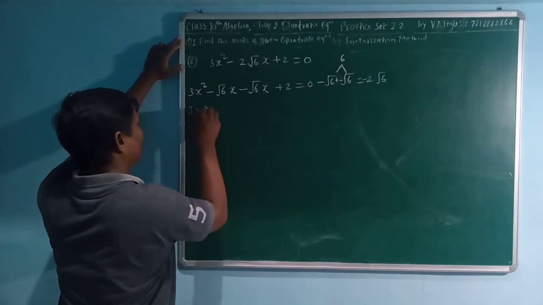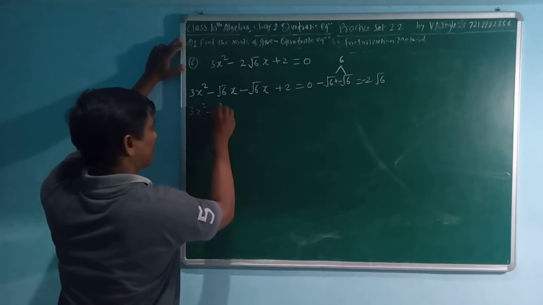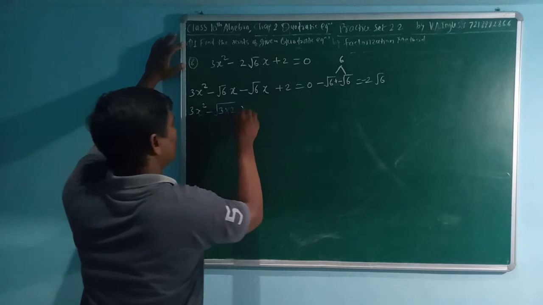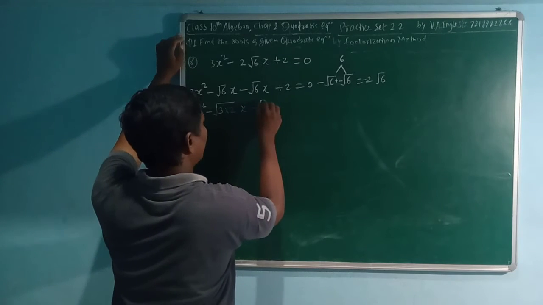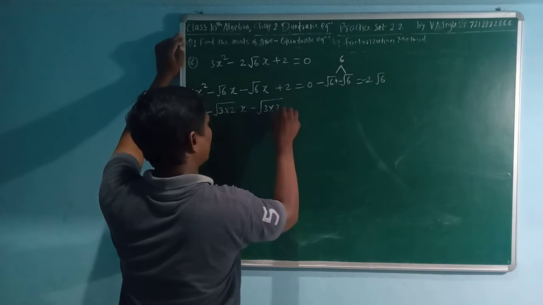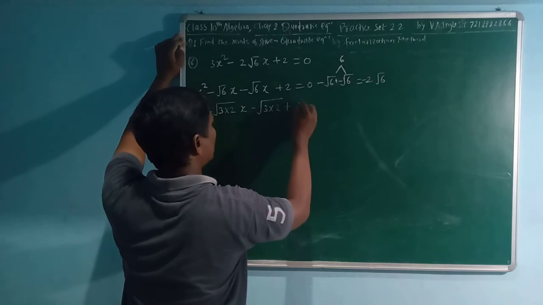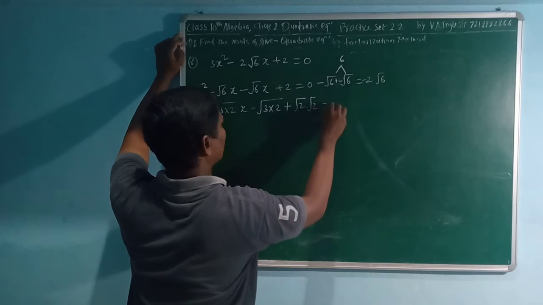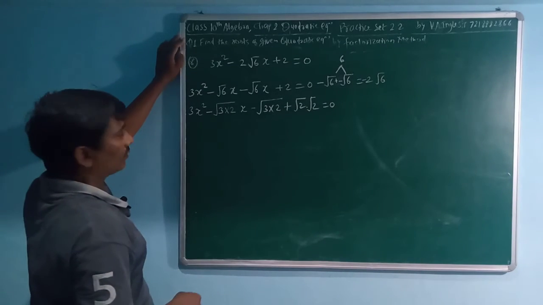Now you can factorize root 6 as root 3 into root 2. Here also you can write root 3 into root 2, and this 2 can also be written as root 2 into root 2 equals to 0.